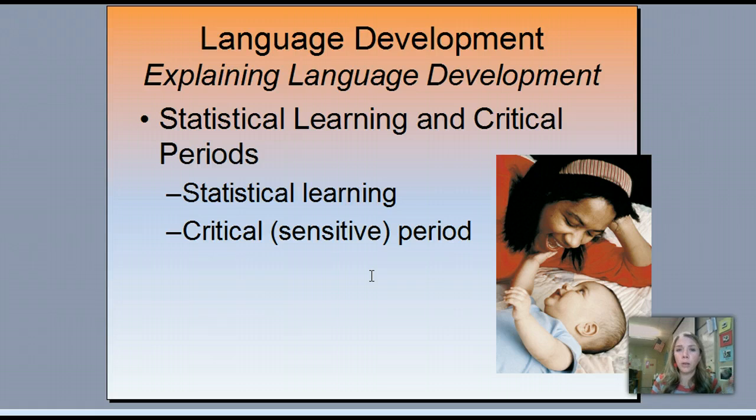So it is better to learn a second language before you turn 7, because that's when a lot of the learning does happen. There's actually been a big push to move all our second languages to elementary school. And that is the critical sensitive period, the period of time where it's most important that the language is learned.